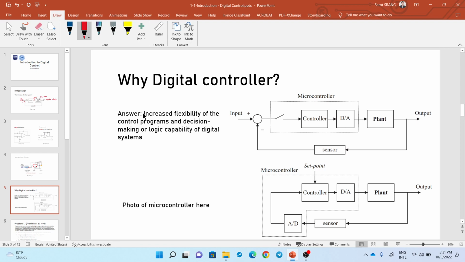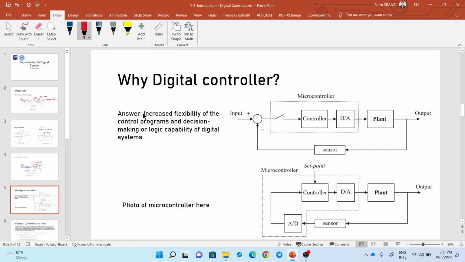It increases flexibility of the control programs and decision making or logic capability of digital control systems. So let's say you can have a general purpose circuit or microcontroller or computer. Then when you change the formulation of controller, you just need to change the program.